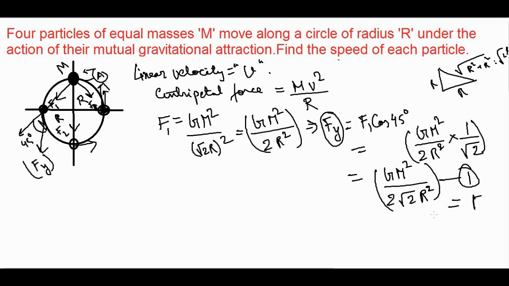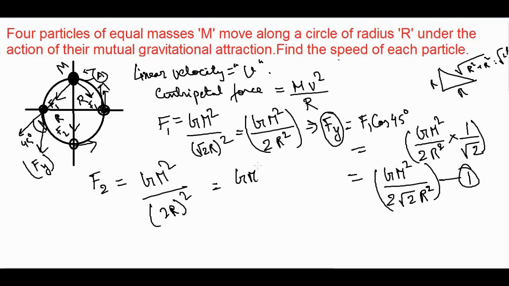Now what we will do is try to find this F2 force. So F2 is equal to G m m by r square. Here the distance will be 2r, so 2r whole square, so it ends up being G m square by 4 r square.